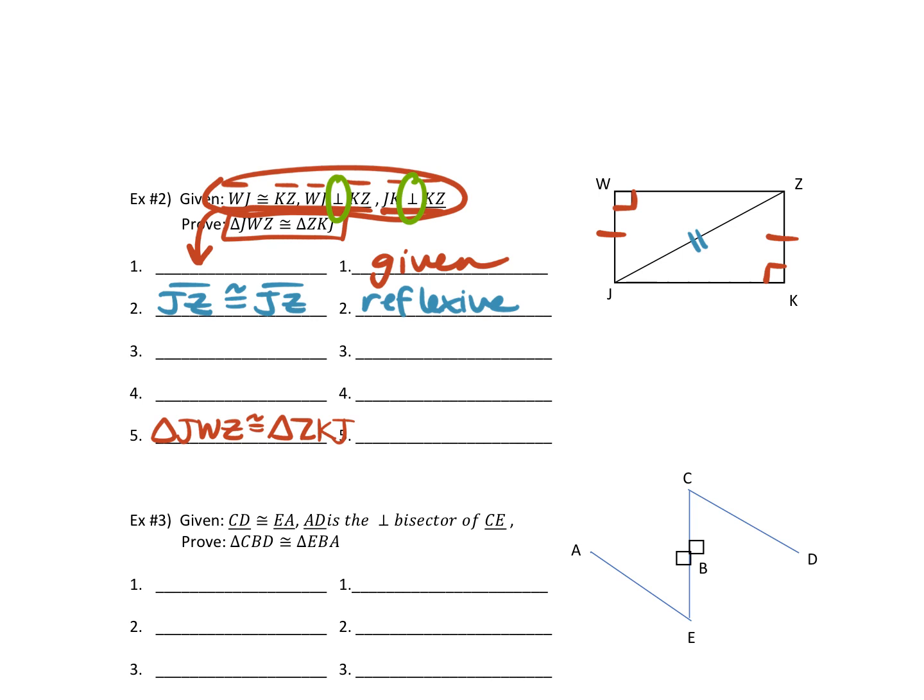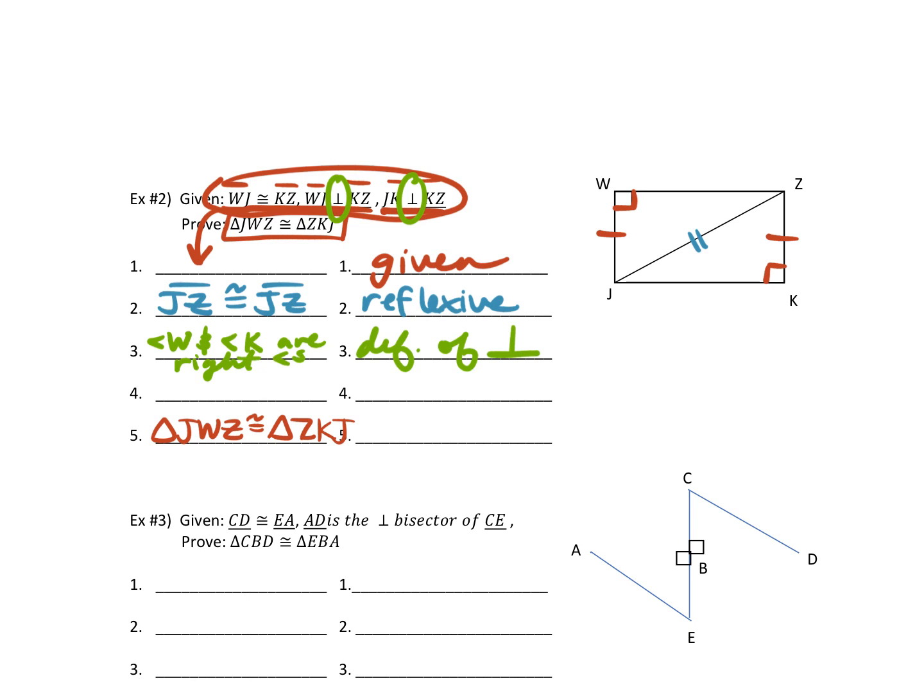Okay, so what we have to say is, angle W and angle K are right angles. How do I know that W and K are right angles? The definition of perpendicular, right? They told us in the given that they're perpendicular. So the definition of perpendicular is that two lines form a right angle. So now we know they're right angles.